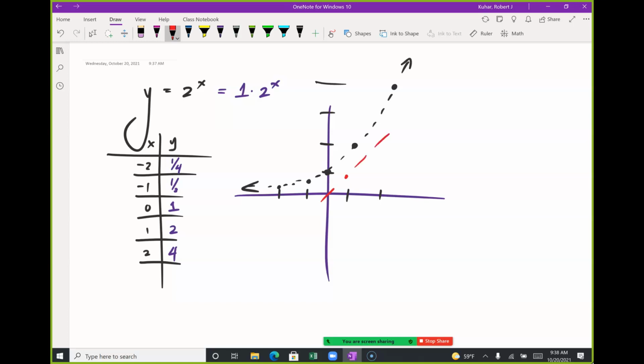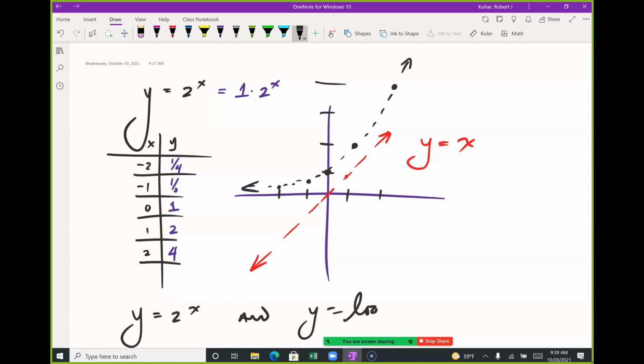Well, it's going to reflect on the line y equals x, right? So this y equals x piece will always be the way I mirror my x and y, my points, for the function and its inverse function. So it turns out that y equals 2 to the x and y equals log base 2 of x are inverse functions.